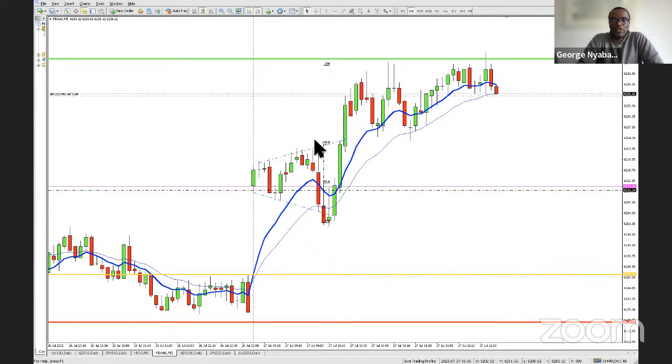So while they broke out above it, they failed to create follow through, which indicates again the existence of strong bears in the market. So bears are defending the high of yesterday quite strongly, and bears want to try and accelerate the market down to these levels. Whether they'll get there or not, we'll have to wait and see.